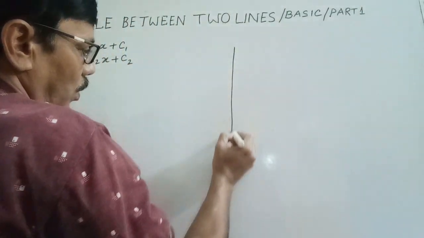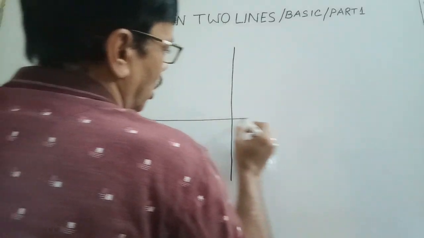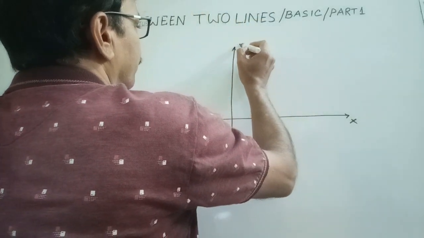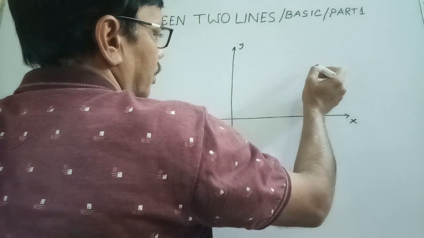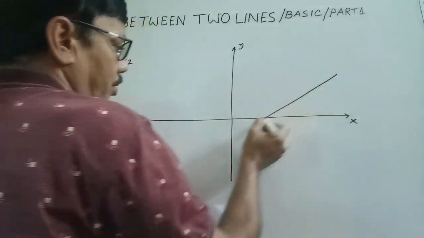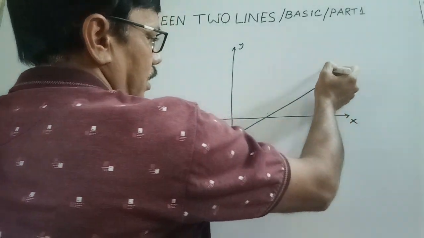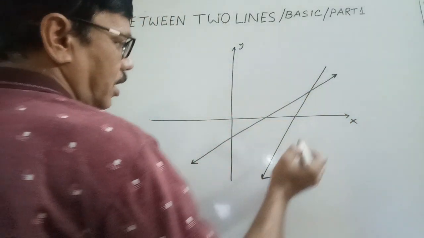Now look, if we draw a sketch, there are two lines. Suppose this one is one, and the second one.